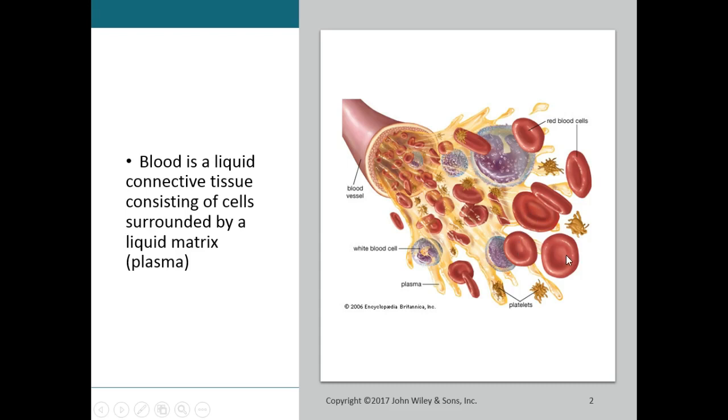Your erythrocytes carry respiratory gases. You also have cells called leukocytes, what we commonly call white blood cells. Those are part of your immune system, and then there are tiny little cell fragments that are not really cells at all, and those are the platelets.